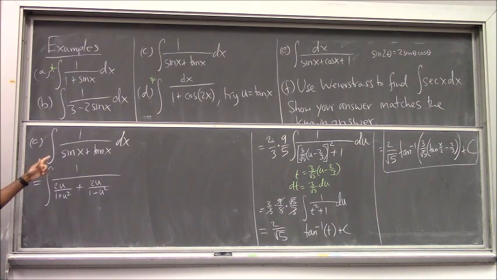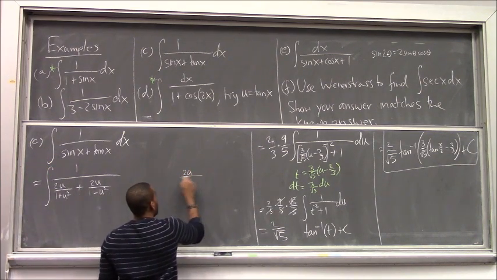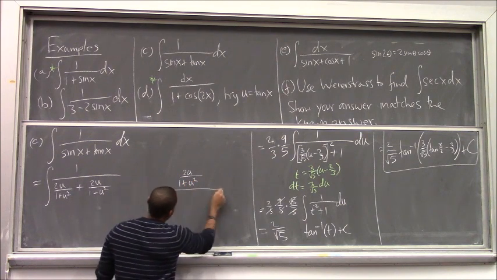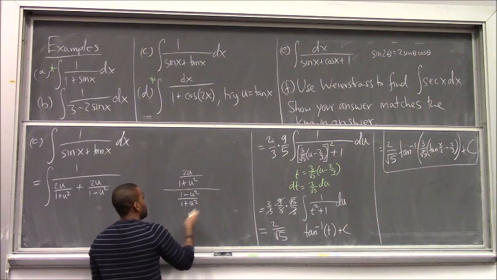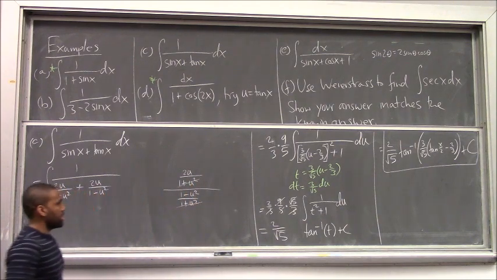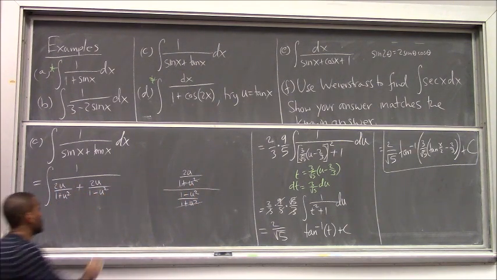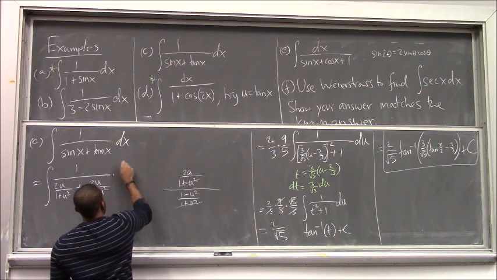So how do you figure out the tangent? You divide the sine by the cosine. So the sine was 2u over 1 plus u squared, and you divide that by 1 minus u squared over 1 plus u squared. Keep, change, flip. The 1 plus u squareds cancel out, and you end up with that, where dx is 2 over 1 plus u squared du.